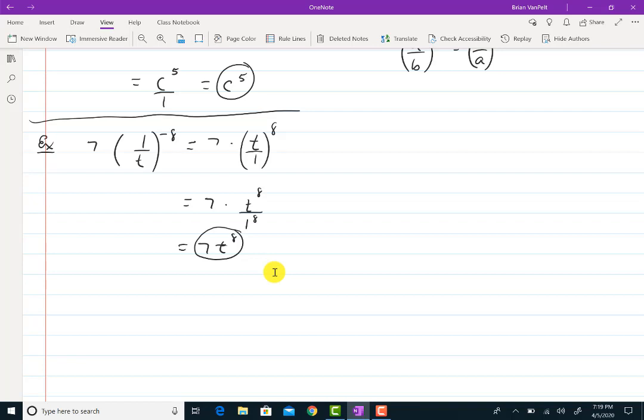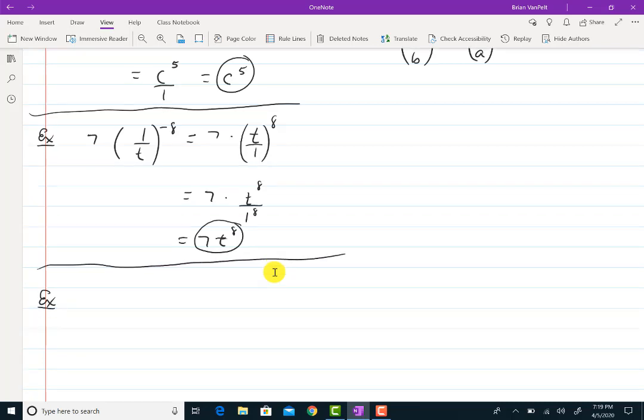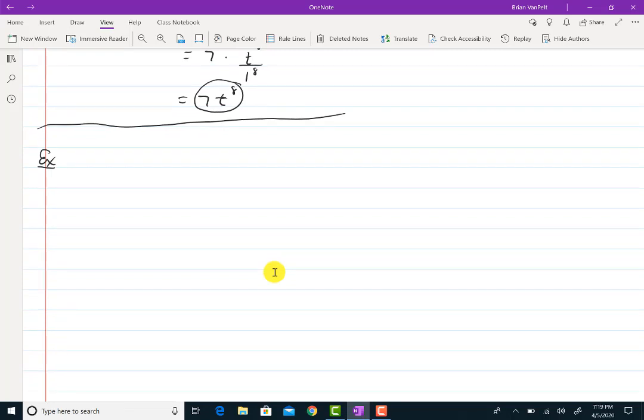Now I want to make up a couple of examples just for more difficult practice. So something that you can possibly see looks like the following. Suppose I have 2 to the third, x to the negative 4, y squared, all over 5 to the negative 2, z to the negative 3, w. And all of that is raised to the negative 1 power.